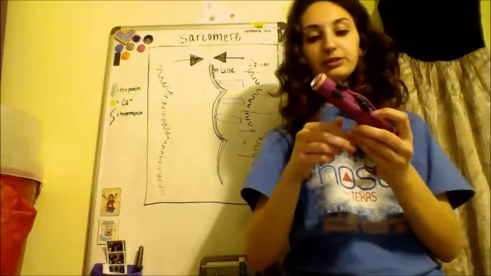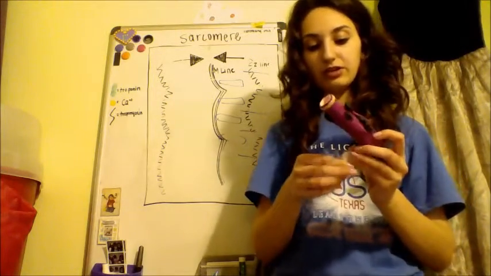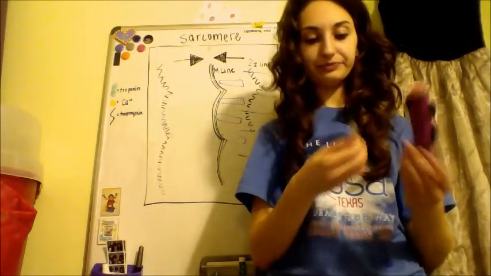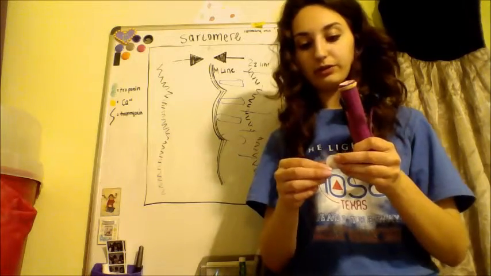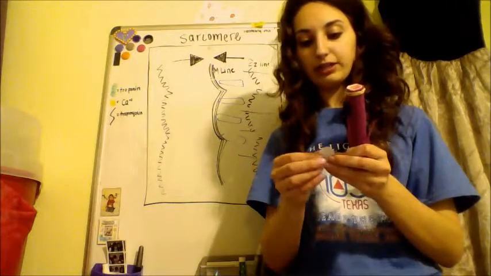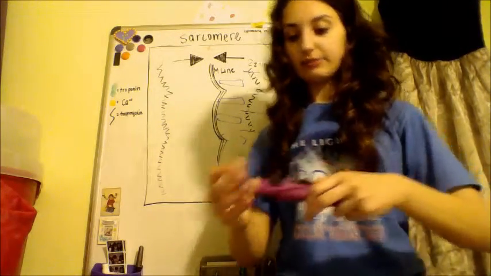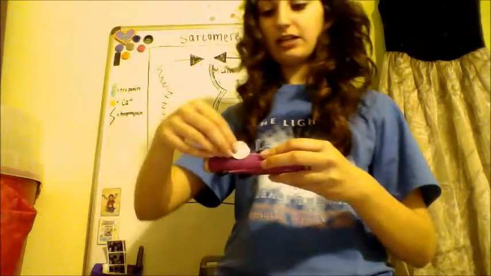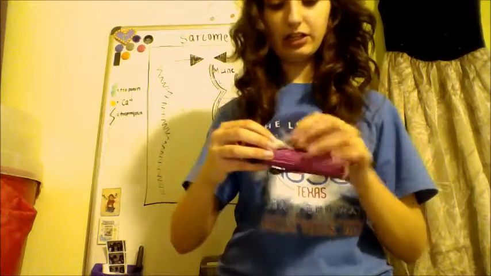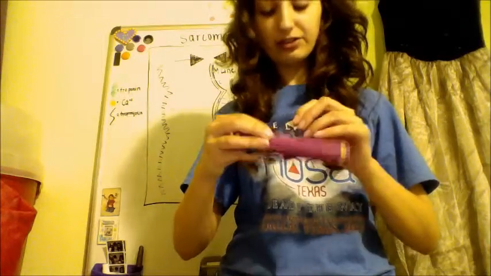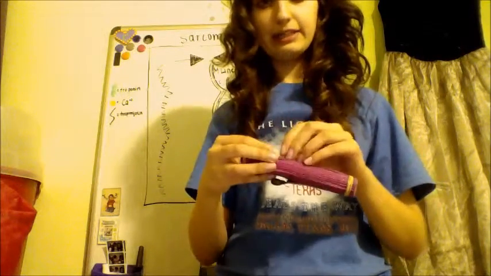So, our bodies produce energy, and we know that is ATP. So the body has ATP, and it comes up to the myosin, attaches here, and then it hydrolyzes into ADP and phosphate.